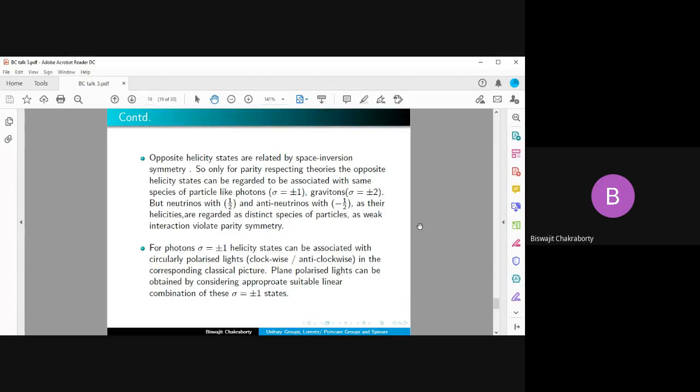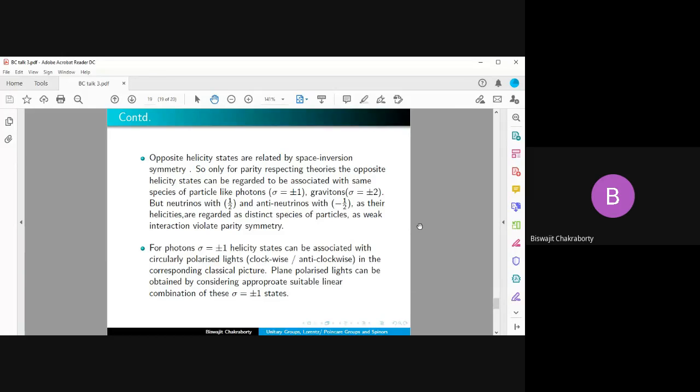The answer is that the theories which describe photons are electromagnetic theories, which are parity respecting, like gravity; general relativity also respects parity transformations.